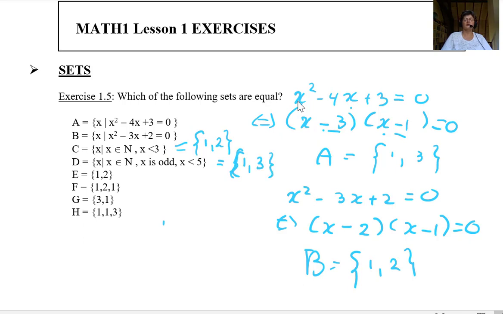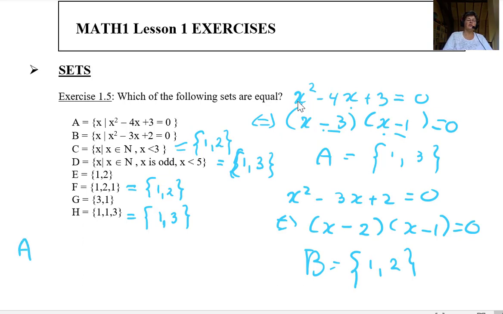Okay, and the other ones are just given. Note that F, for instance, has two 1s in it, so F is 1, 2. The same applies for H, two 1s in it, so that's identical with 1, 3. So which of the following sets are equal?